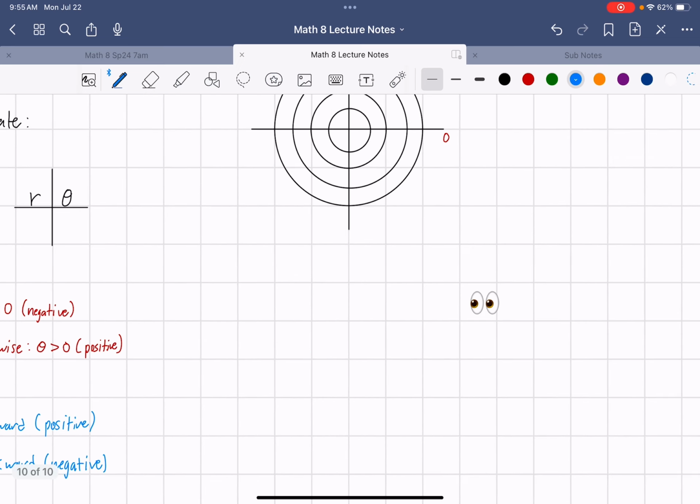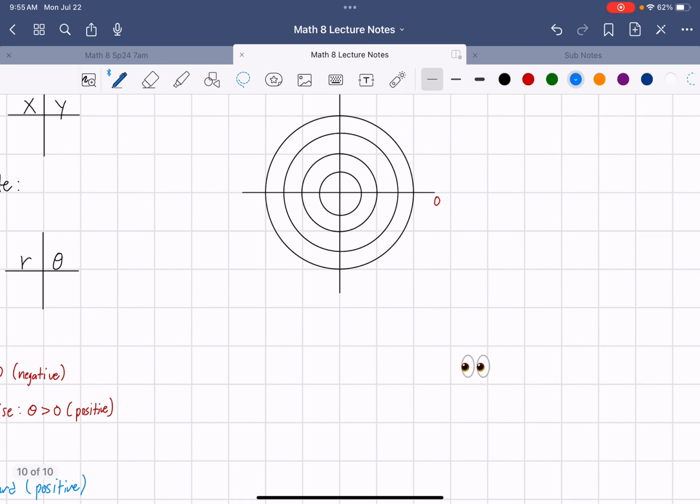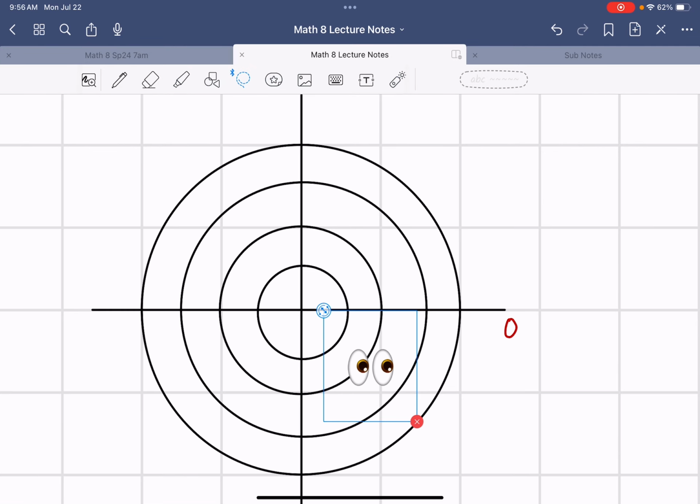Right? And that's when I will use Mr. Googly Eyes. Because everything we do is going to start at 0, and we start facing the direction of 0, right? So I want you to imagine yourself being in the center of this graph, at the origin, facing in the direction of 0.